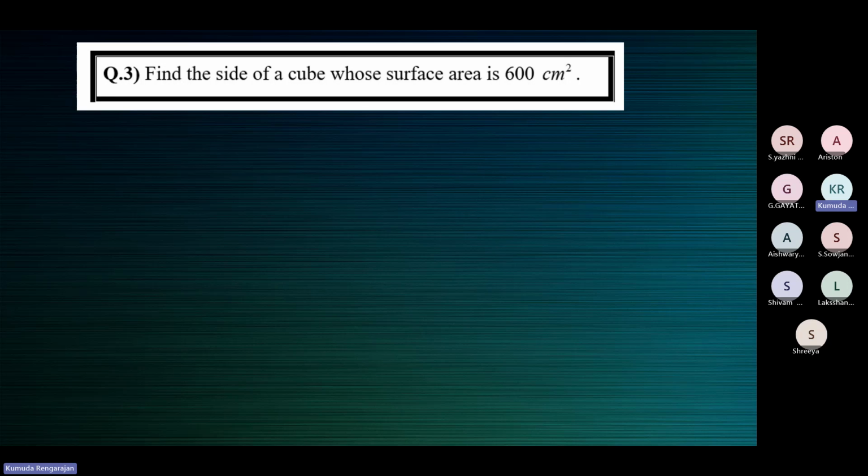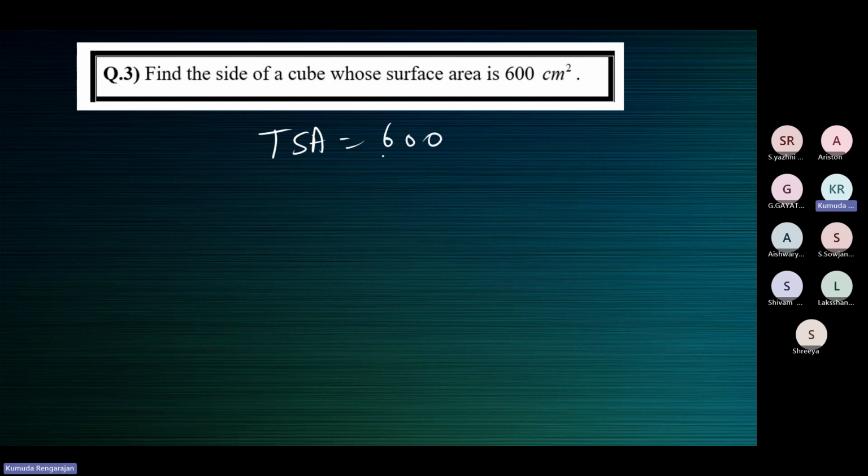When nothing is mentioned and nothing can be assumed, it is always the total surface area. So you have to take it as the total surface area and not the curved surface area, which is 600 centimeters squared.